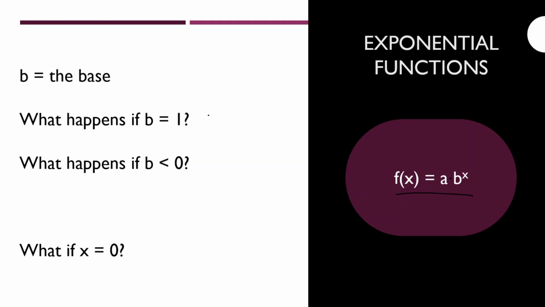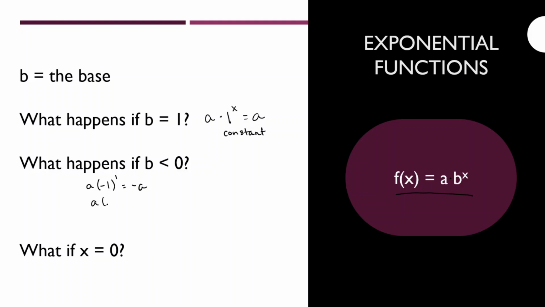If b is 1, then I have a times 1 to the x, which is just a, so the function is constant. Okay, if b is less than 0, so let's just try out a few. Say it's a -1. Then if I do -1 to the first, I'm going to get -a.